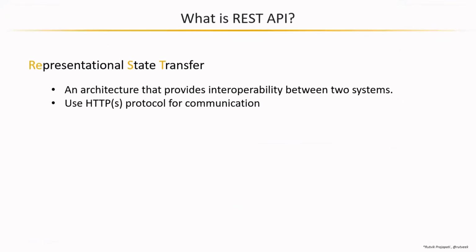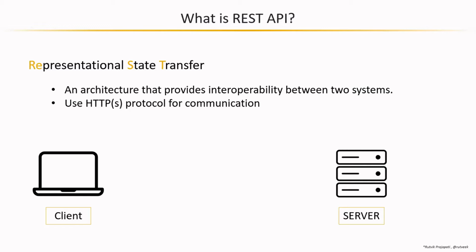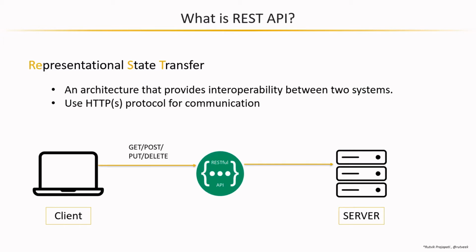REST stands for Representational State Transfer. It is basically an architecture that provides interoperability between two systems. Using it we can connect two computer programs, right? And it uses the HTTP protocol for communication. Let's say we have a client and a server. The client wants to connect with the server, so it sends a request using the REST API, using the methods GET, POST, PUT, and DELETE.